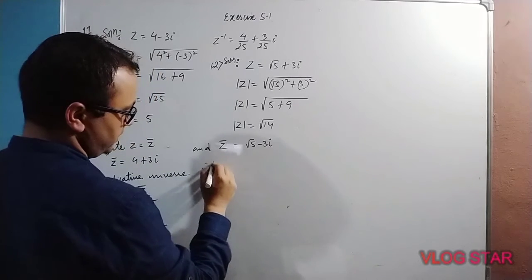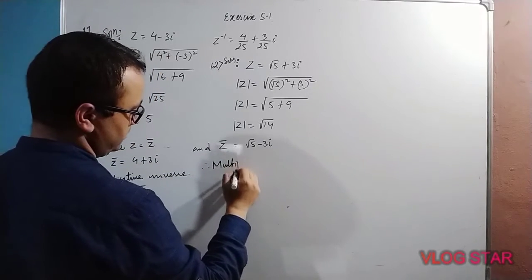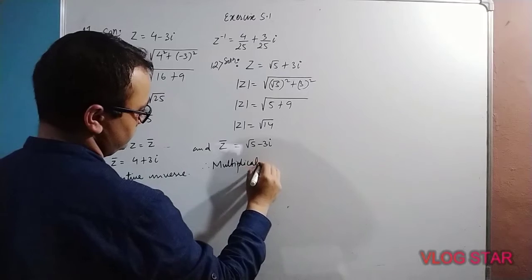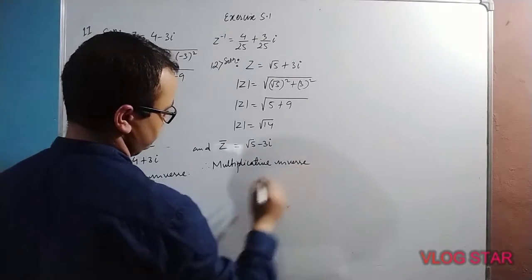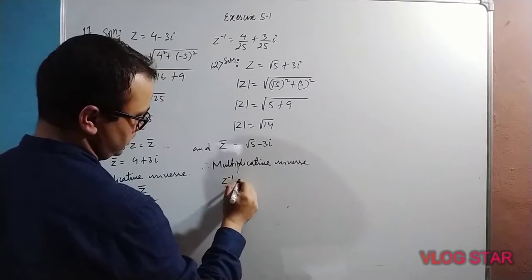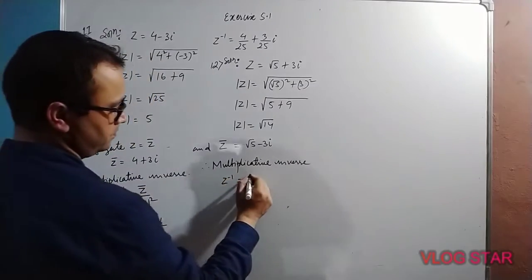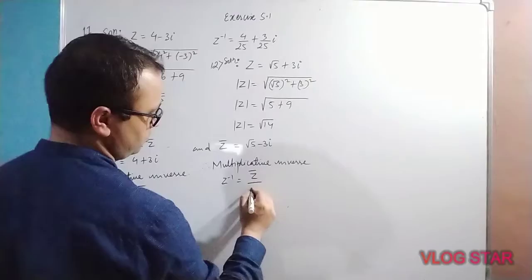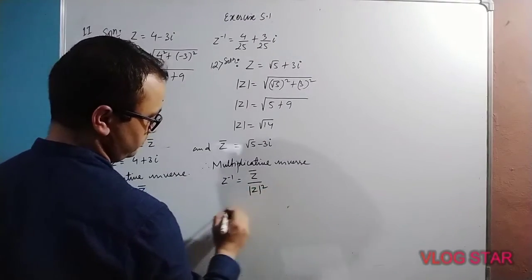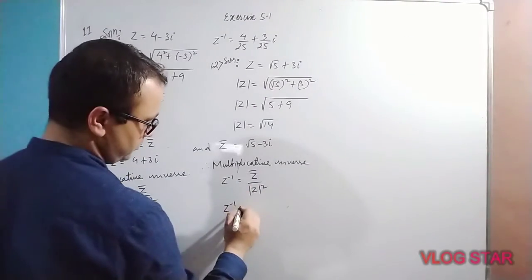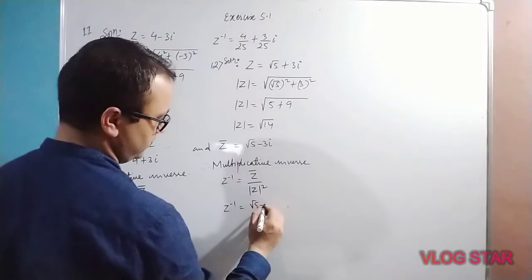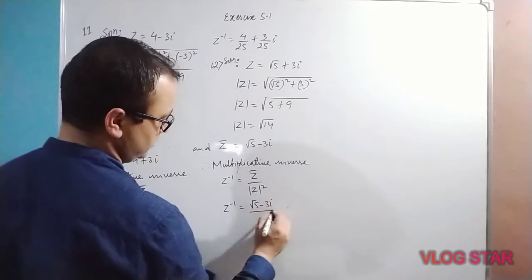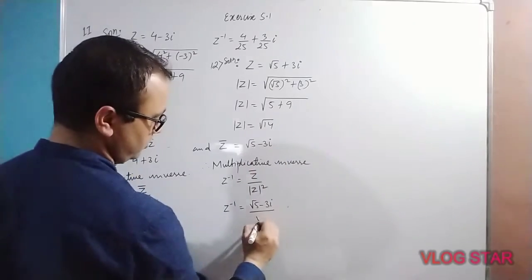Therefore the multiplicative inverse is z inverse equals z conjugate divided by the square of the modulus. z inverse equals root 5 minus 3i divided by root 14 square.